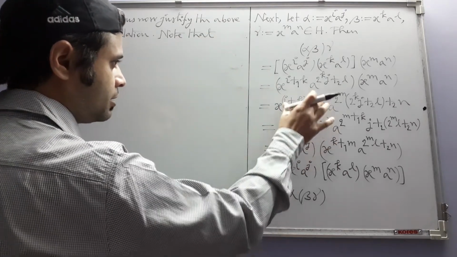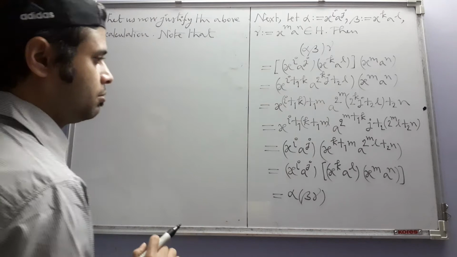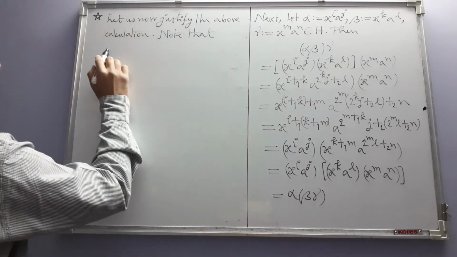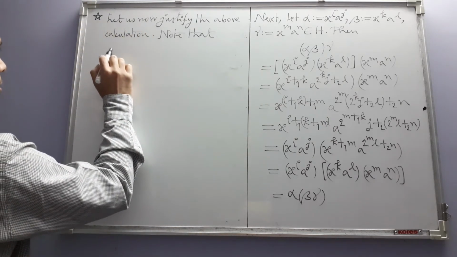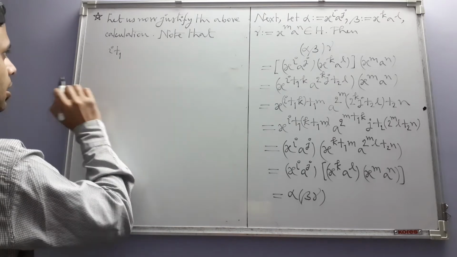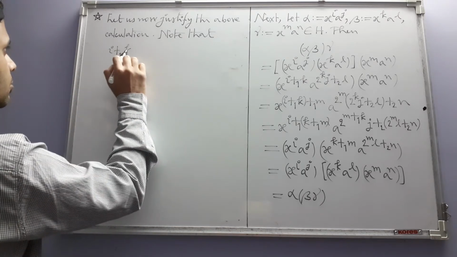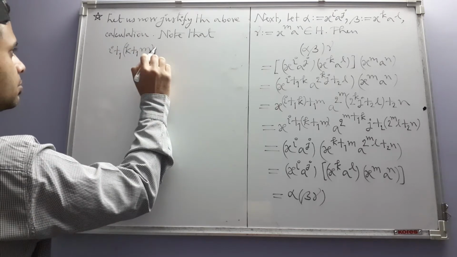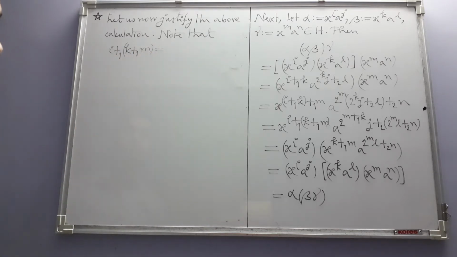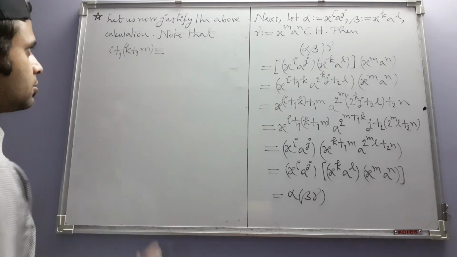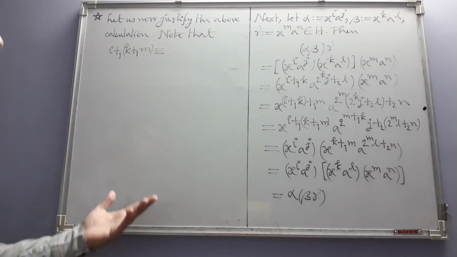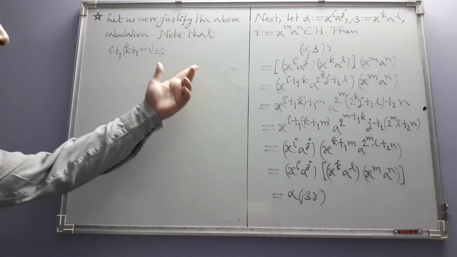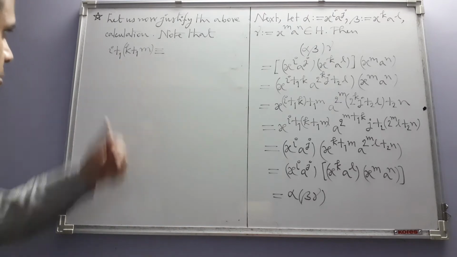We have to show that these two things are congruent to each other mod 3. So i plus 1 (k plus 1 m). This is congruent to the integer which when you divide by 3 gives you this remainder.